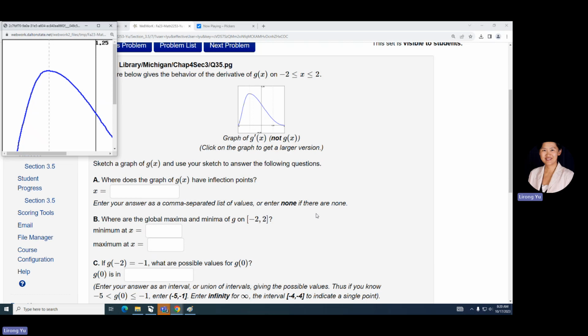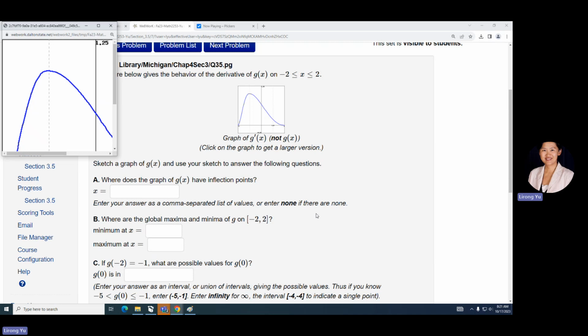Now the second derivative is the derivative of the derivative. So it's really the derivative of the first derivative, so derivative of this one. When the derivative function is positive, that means the function is increasing. That means the derivative of the derivative is positive. And when the derivative is decreasing, that's the derivative of the derivative being negative.